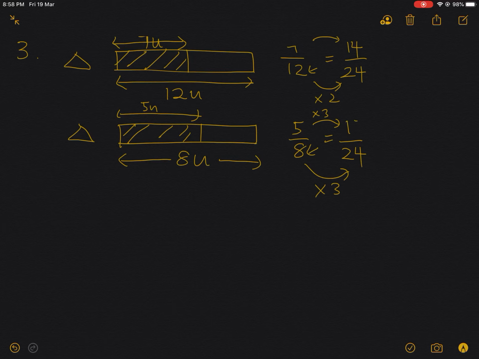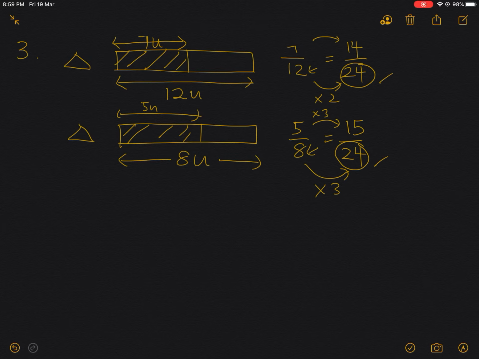This numerator comes about after you have equalized the denominator, right? That means if you convert the total units here into 24 and 24, it's very easy to compare already. Instead of looking at 7 out of 12 compared to 5 out of 8, you are very confused because they are totally different sets of fractions.